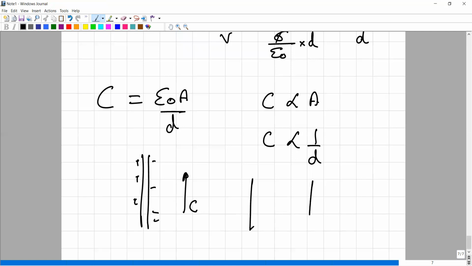You keep the plates further away, and its capacitance is going to decrease. So we can figure out that if the plates are brought closer, the capacitance increases, and if the plates are pushed away from each other, then the capacitance decreases.